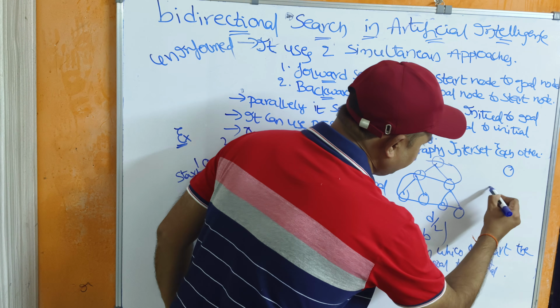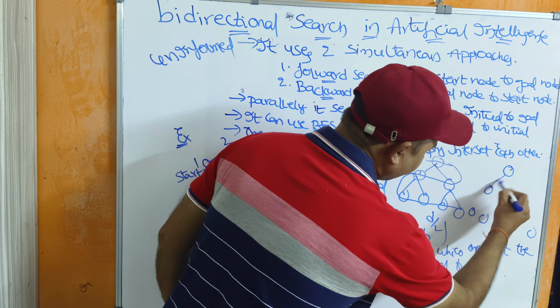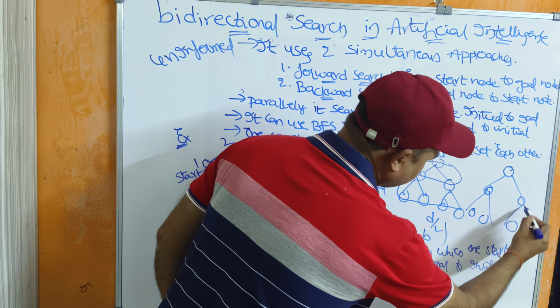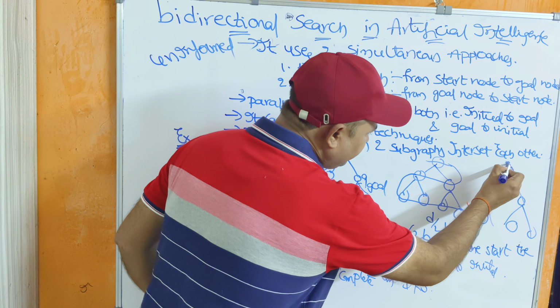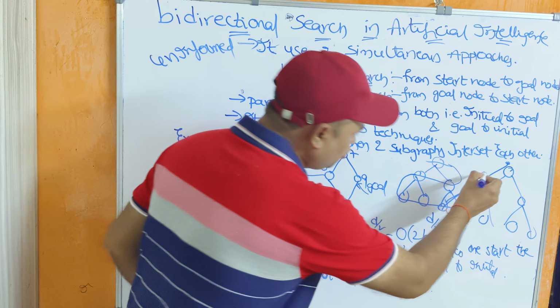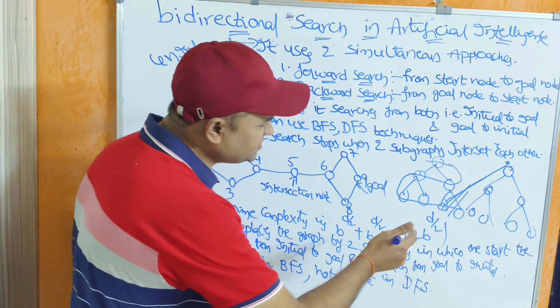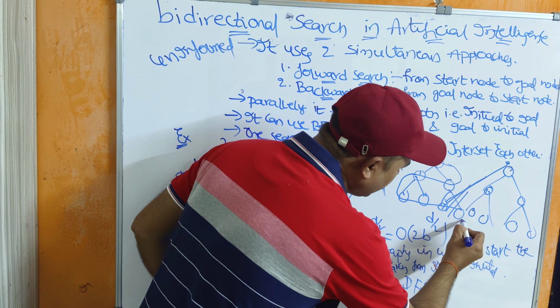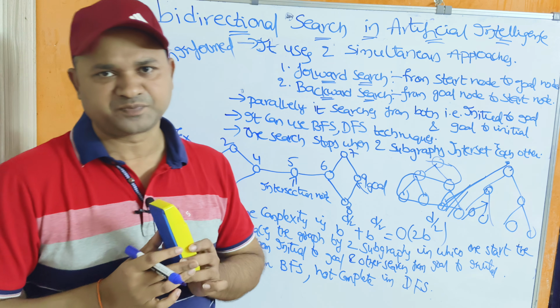Whereas depth first search means, let us take this tree. We have to start from a node and go towards the deepest level. Suppose the goal node is not found, then we have to do backtracking and search in the remaining paths.